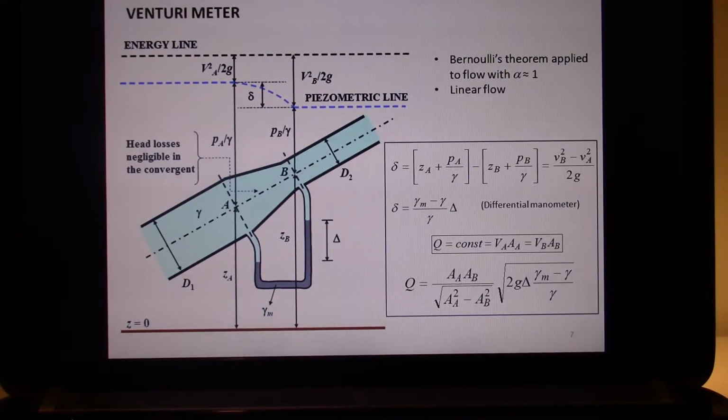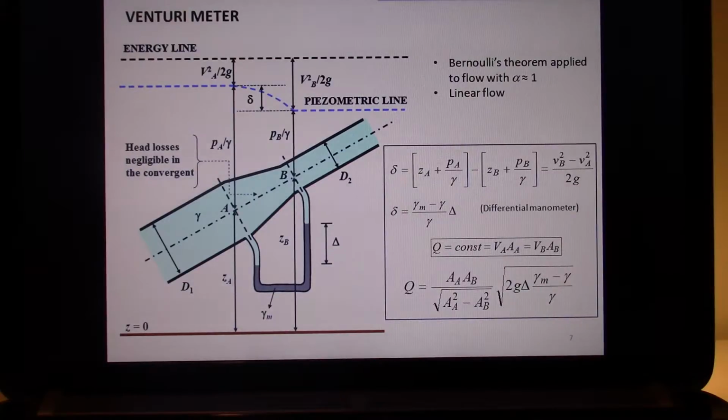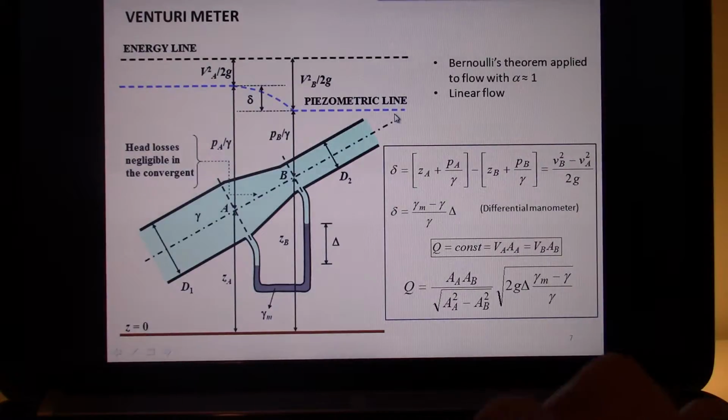The Venturi meter basically is an instrument where, just knowing the reading of this instrument right here and knowing the difference of the sections that you observe, moving from this section right here to this one, you can directly know the flow, the volumetric discharge, which passes along your pipe.